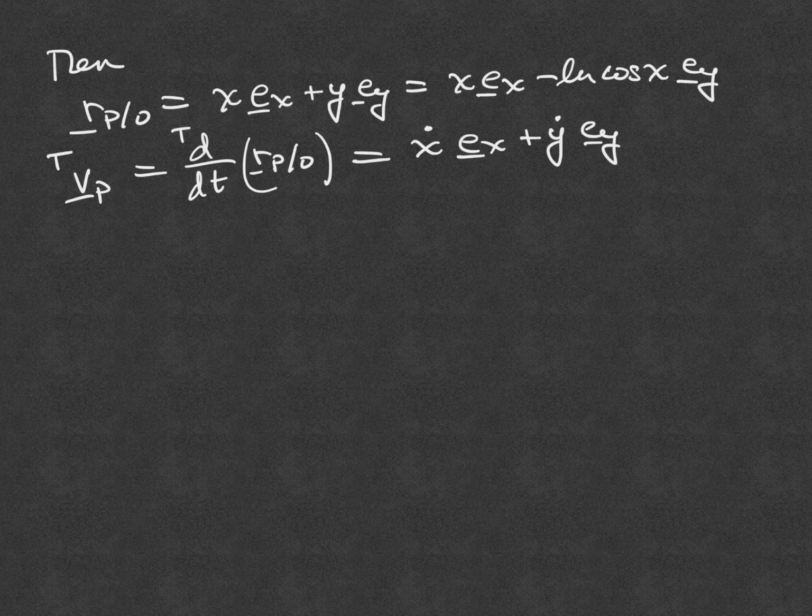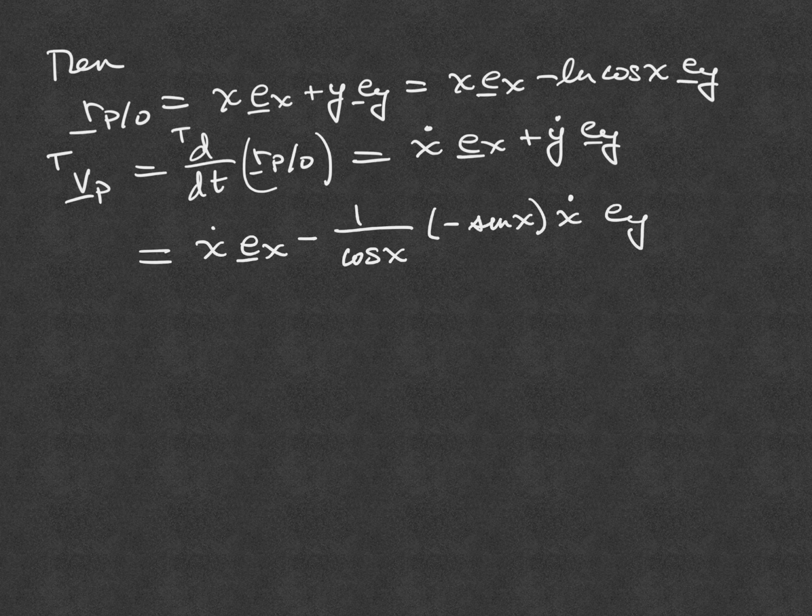And that is equal to x dot EX, and now I've got to take the derivative of y. So I've got the derivative of the natural log, which is 1 over the cosine, because it's the natural log of cosine x, times the derivative of cosine x, which is minus the sine of x, times the derivative of x with respect to t, which is x dot, times EY.